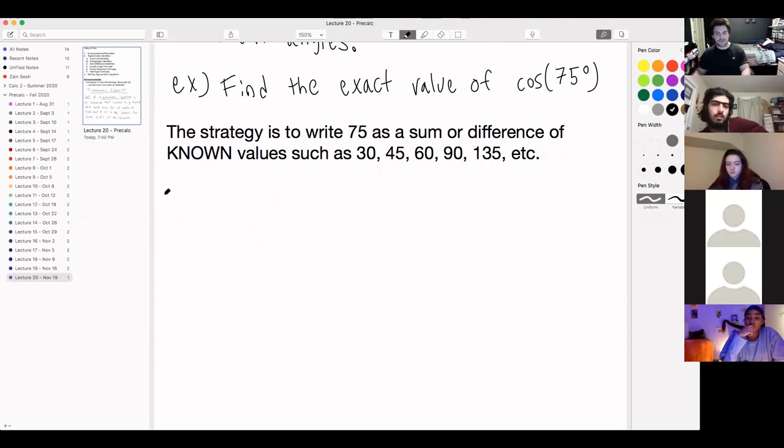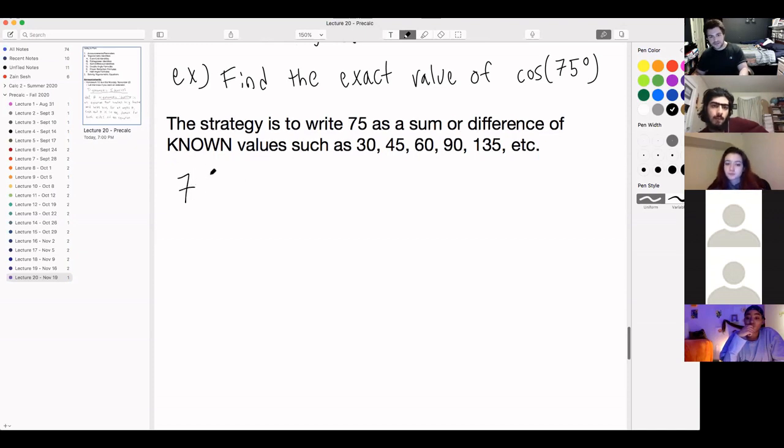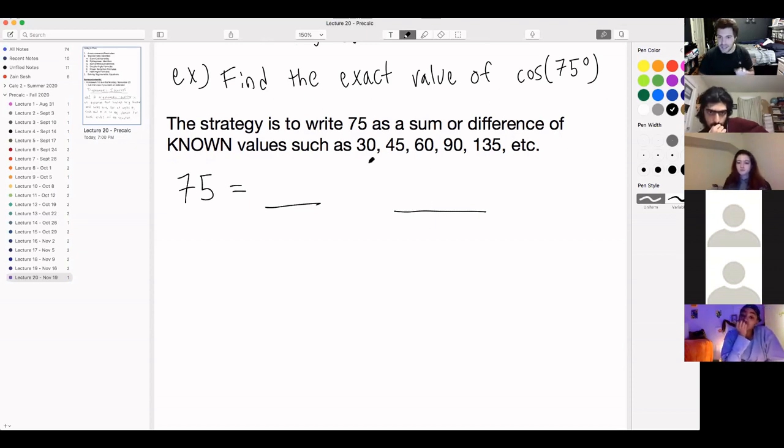Let's think for a second. 75 equals something plus or minus something. So can anyone look at these numbers here and cook up a way to get 75 using plus or minus? 30 and 45? Yeah, excellent.